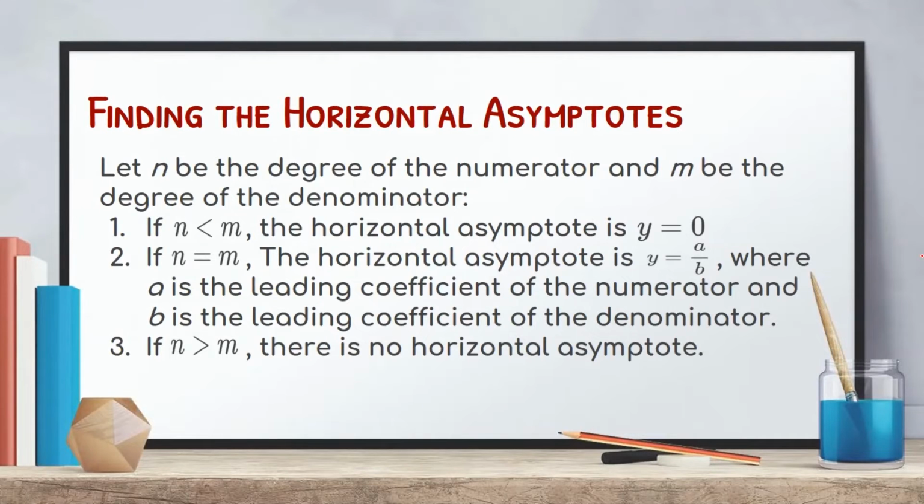If n equals m, the horizontal asymptote is y equals a over b, where a is the leading coefficient of the numerator and b is the leading coefficient of the denominator. And finally, if n is greater than m, there is no horizontal asymptote.